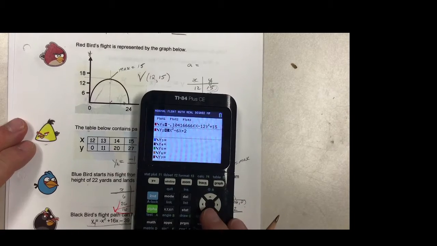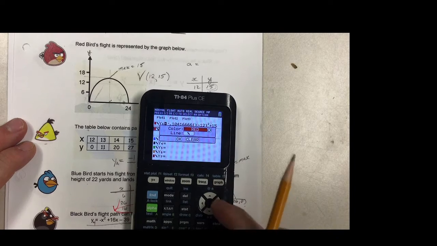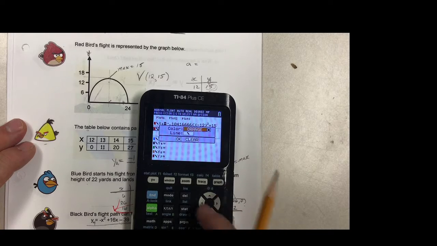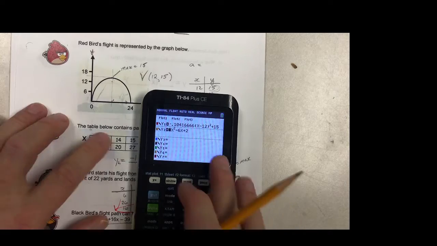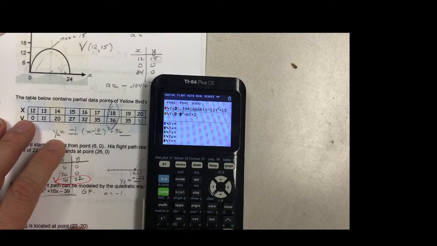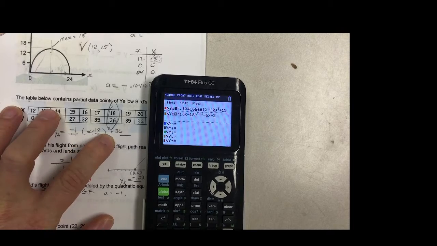Now, yellow doesn't show up well on the screen, so I'm going to use orange instead, because that should show up. And the Yellowbird's equation is negative 1, bracket, x minus 18, all squared, plus 36.